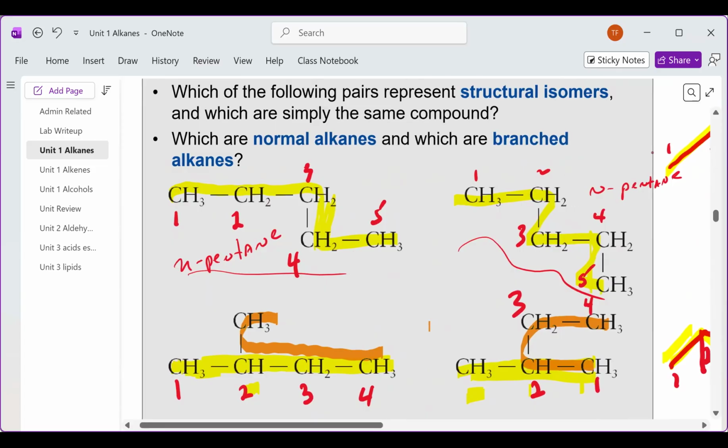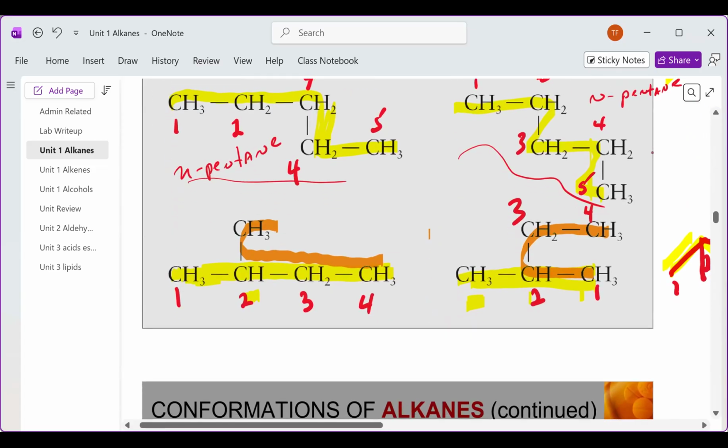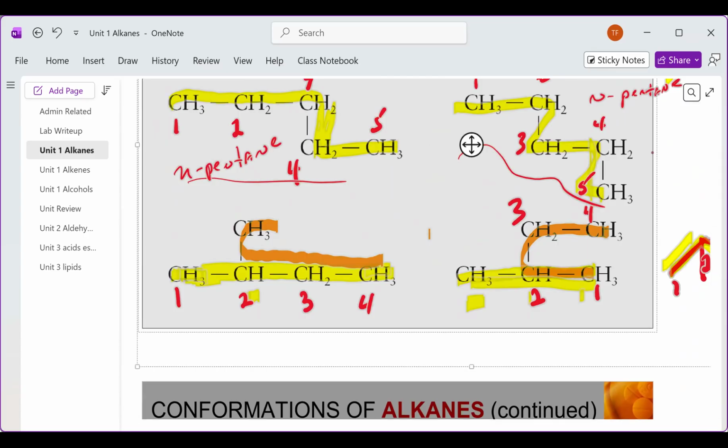Now the bottom two also have 5 carbons. But we can lift the pen to get to all 5. That means the backbone is not 5, it's something less than 5.